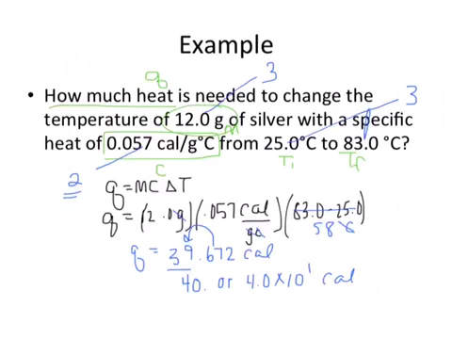Now, if the question had asked you how much heat in joules, we would have to use our conversion factor that we mentioned a couple of slides back. But in this case, it does not matter because they were very general with what unit they wanted heat to be in. So remember, calories and joules are both possible units for heat energy, or possible units within the specific heat value.